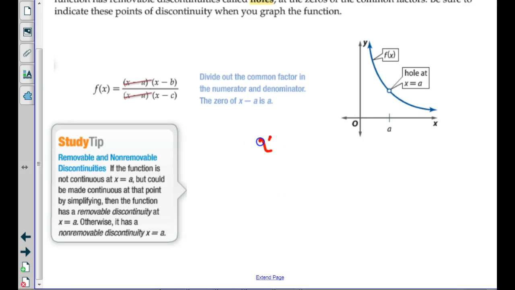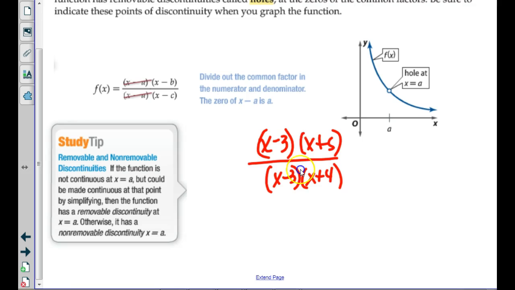If you saw this, you could divide these out, but you would say it's undefined at 3, it has a hole. Okay, that's a removable discontinuity. Non-removable would be if you had more of them one place or the other, then only one of them would cancel. Okay, so we're not going to have those kinds, just telling you right now.